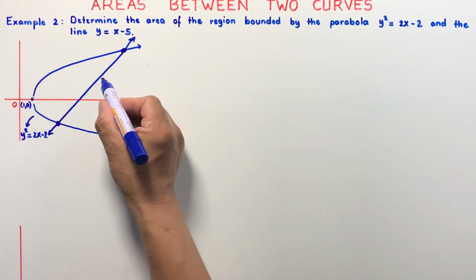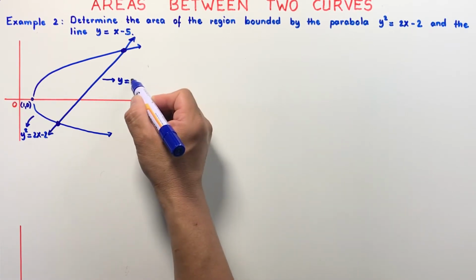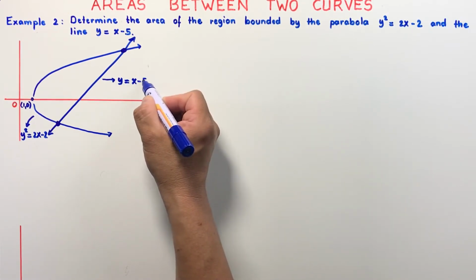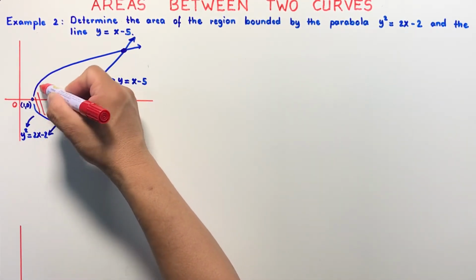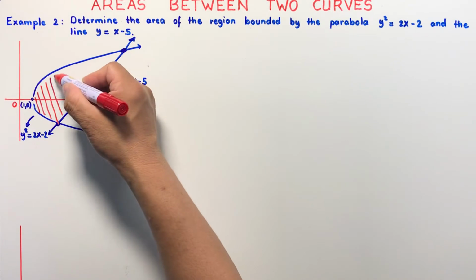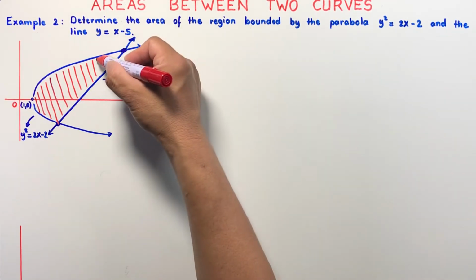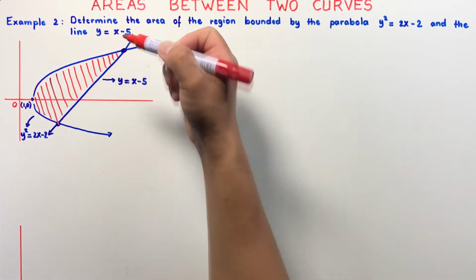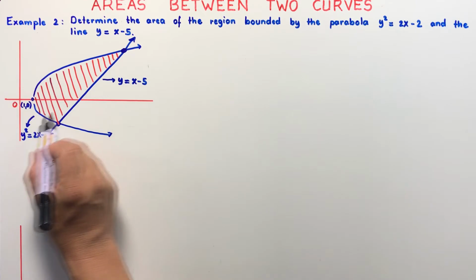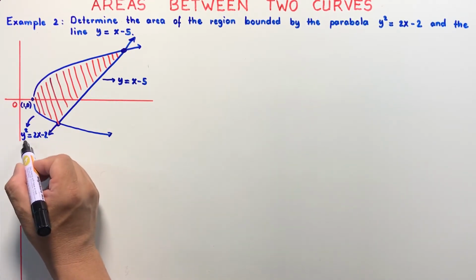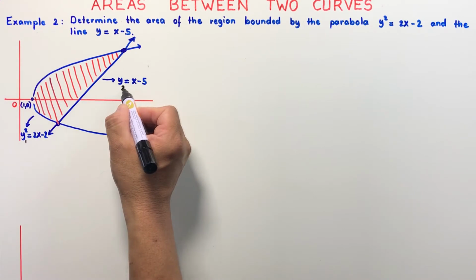And this one is having equation of y, which is equal to x minus 5. And our goal is to find the area of this shaded region, because this is the area enclosed by these two curves. And since we have two functions here, we'll represent this one as our y sub 1 and this one as our y sub 2.